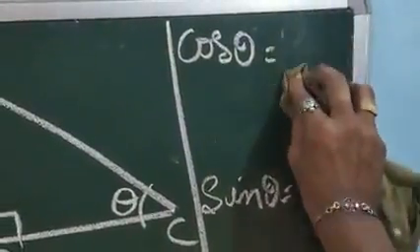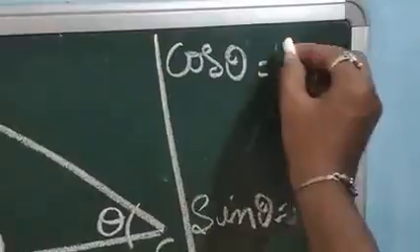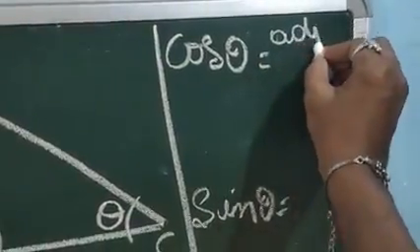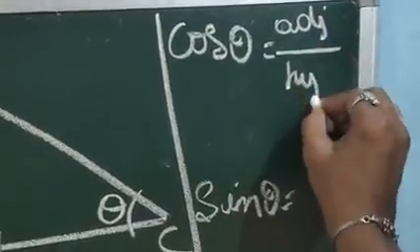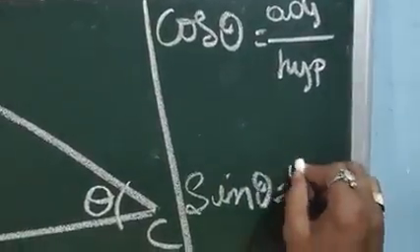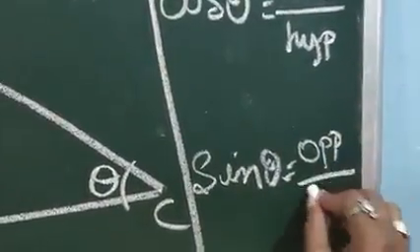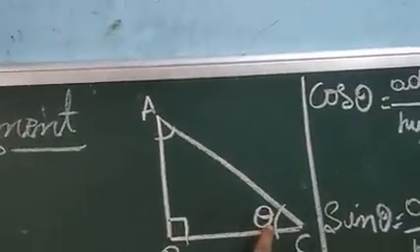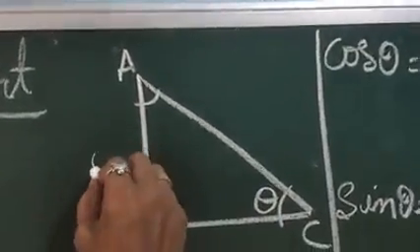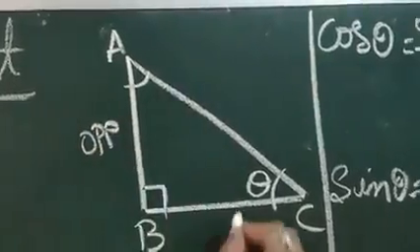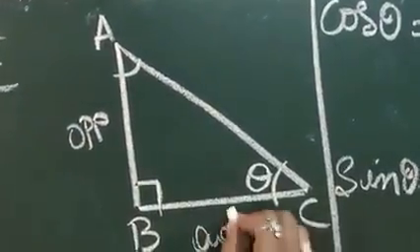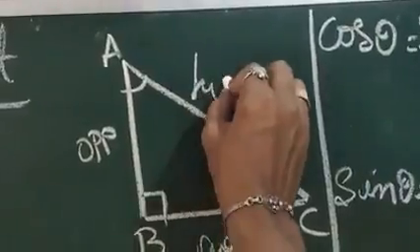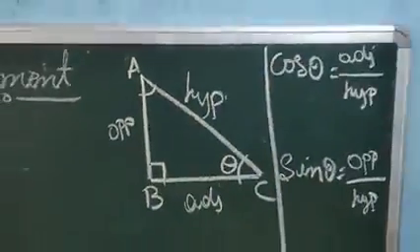Cos theta is always equal to adjacent by hypotenuse, and sin theta is always equal to opposite by hypotenuse. If theta is the angle, the side opposite to theta is called the opposite side, this is called the adjacent side, and this is the hypotenuse.